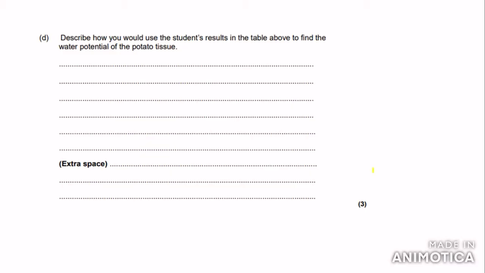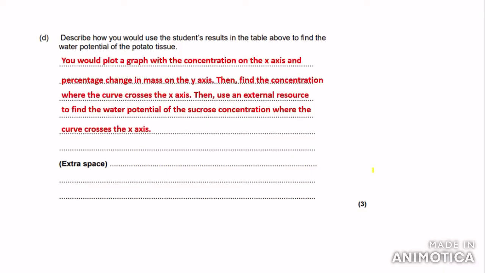Describe how you would use the student's results in the table above to find the water potential of the potato tissue. Now you probably would have done this in the third required practical, which is making a calibration curve. To do this, you would plot a graph with the concentration on the x-axis and percentage change in mass on the y-axis. Don't get these y-axis and x-axis confused.